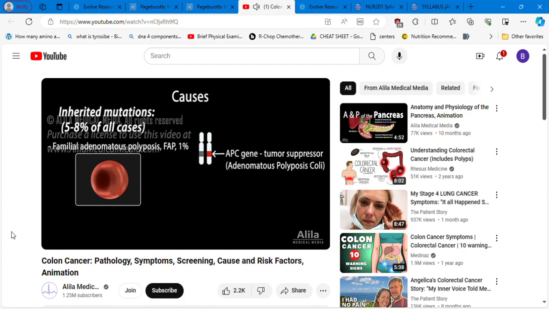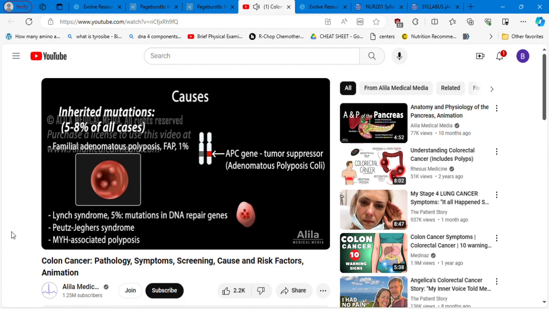Mutations in APC result in uncontrolled cell division, causing hundreds of polyps to grow in the colon. FAP patients usually develop colon cancer by the age of 40. Lynch syndrome is another inherited condition caused by changes in genes that normally help repair DNA damage. A faulty DNA repair results in an increased rate of mutations. Patients are at high risk of colorectal cancer, as well as other types of cancers.